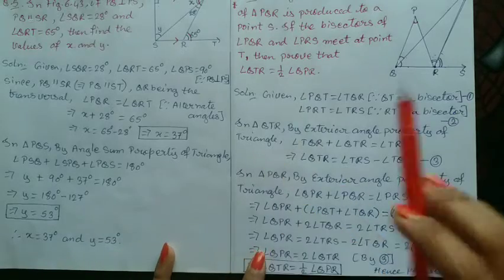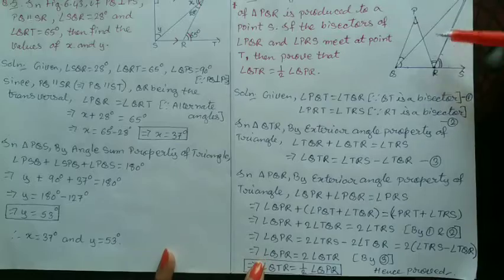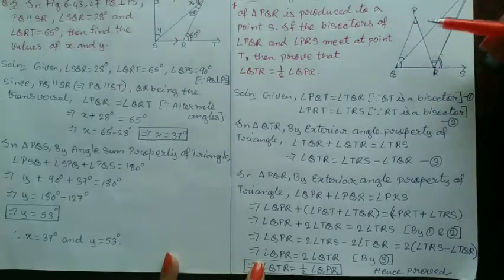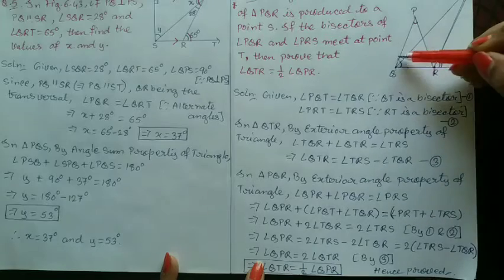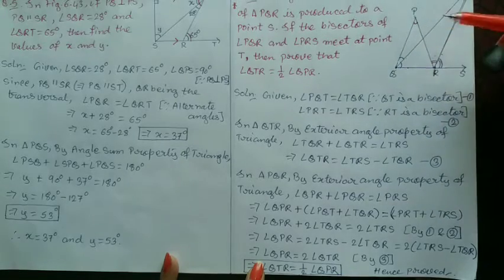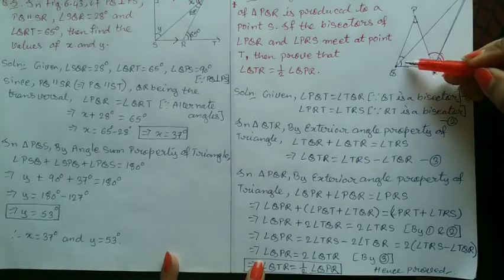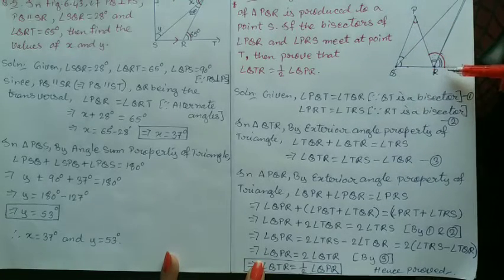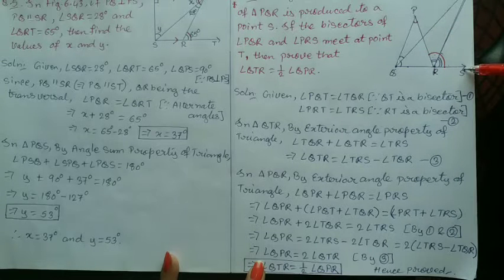So here we have angle PQR. If we focus in this triangle, we can see that angle PQR plus this angle will be equal to this exterior angle. The sum of these two angles equals the exterior angle PRS, right?